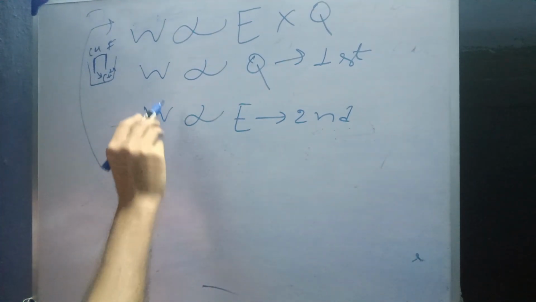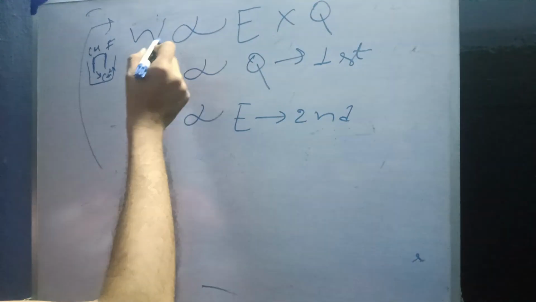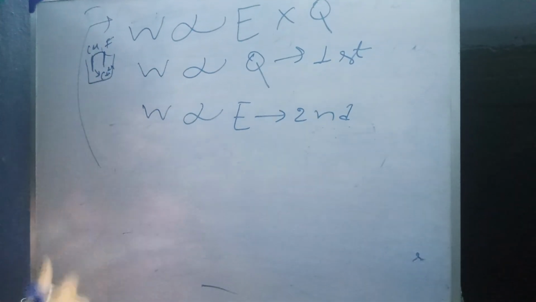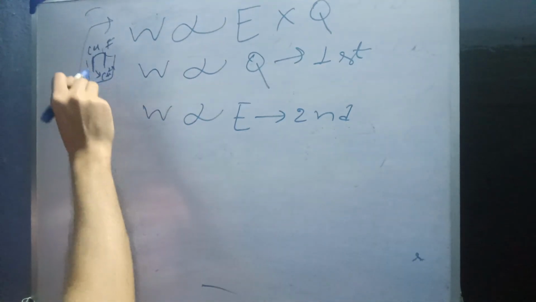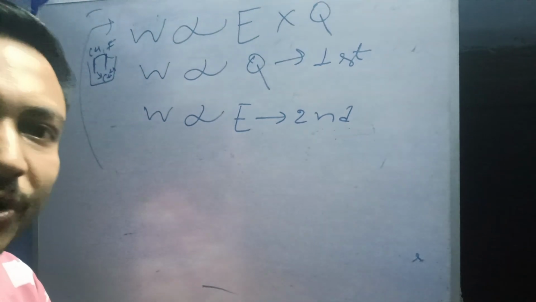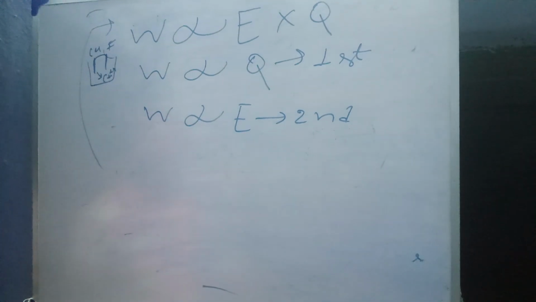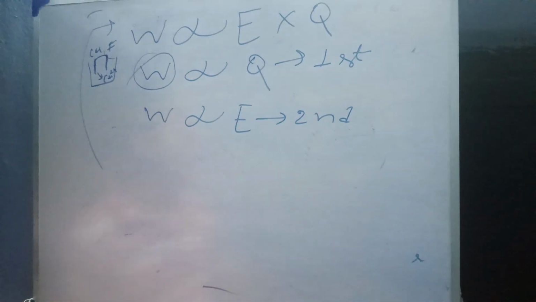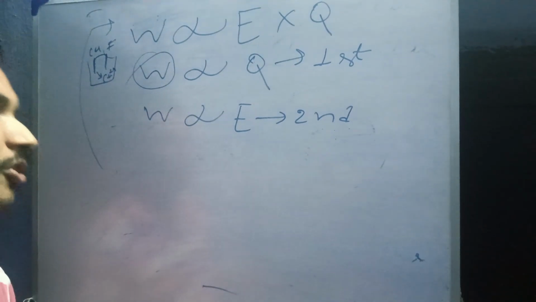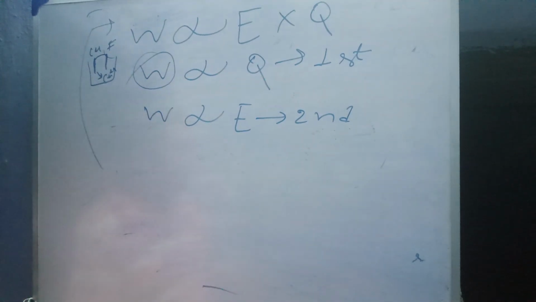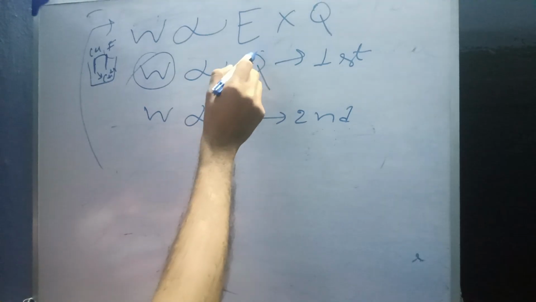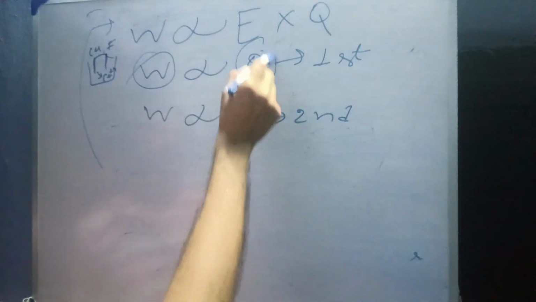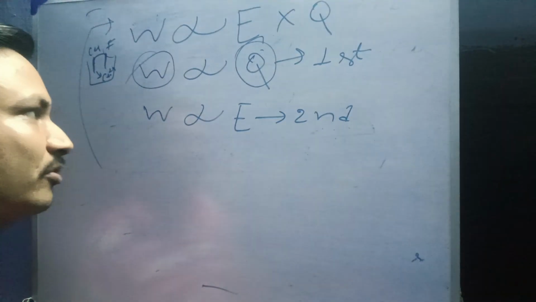So if copper acts as anode, then 1 equivalent of copper will dissolve. So from the first law we can say that the amount of any substance liberated on cathode or dissolved from anode is proportional to the charge or electricity passed through this solution, that is Q.